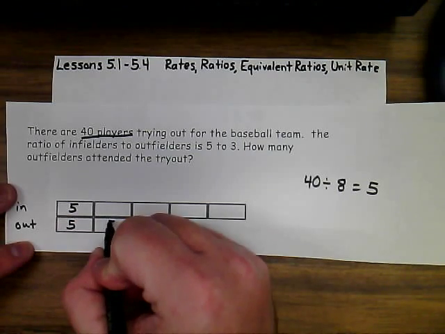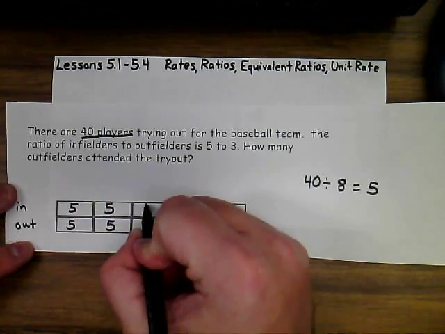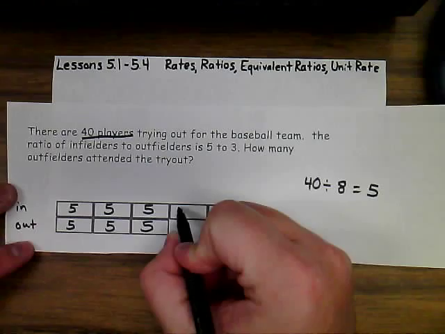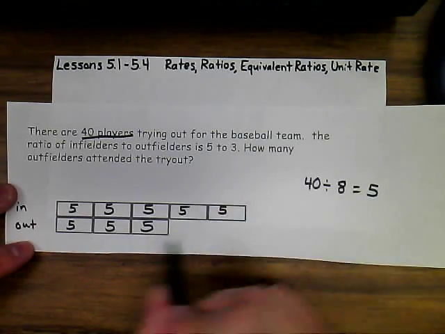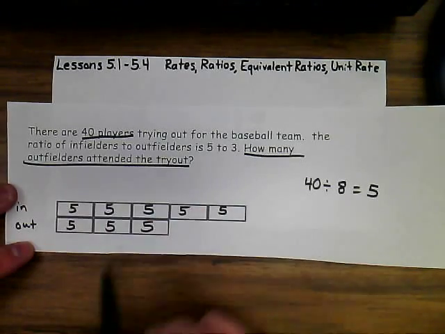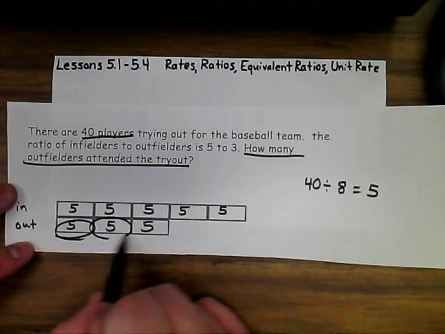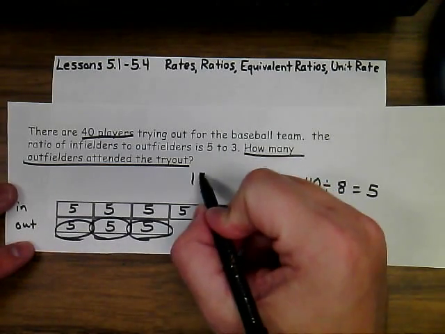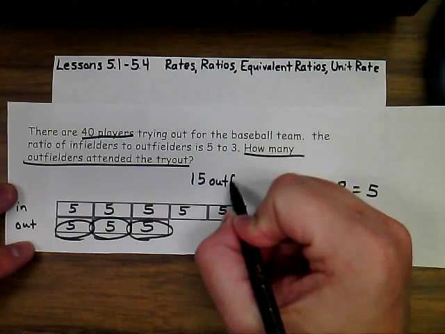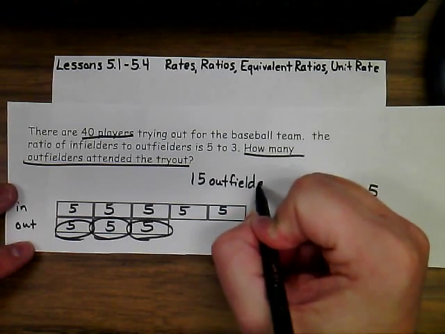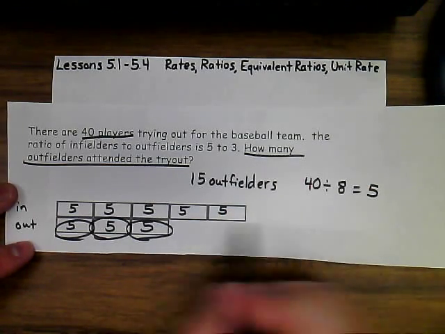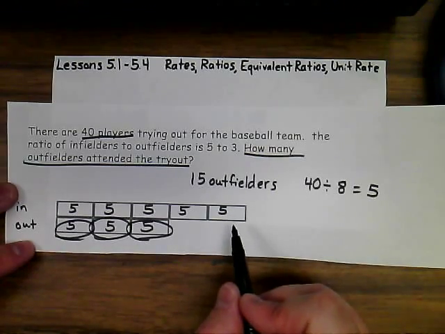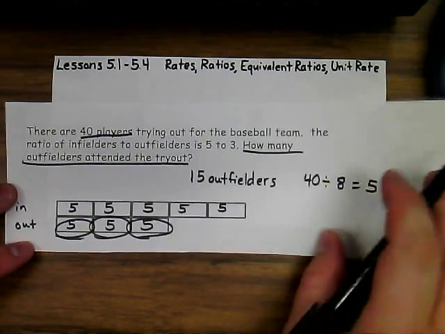So I can put a little 5 inside each of these pieces of tape and then very simply answer the question, how many outfielders attended the tryout? Well, it's 5, 10, 15. So 15 outfielders. Now, if a different question was asked, how many infielders attended, you could clearly determine that 25 infielders attended the tryout.